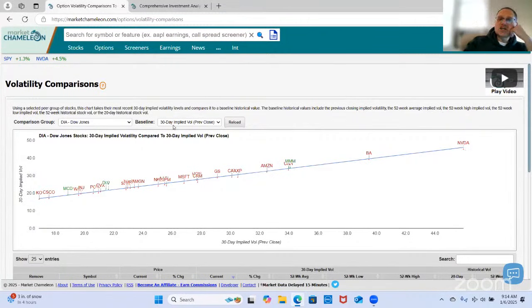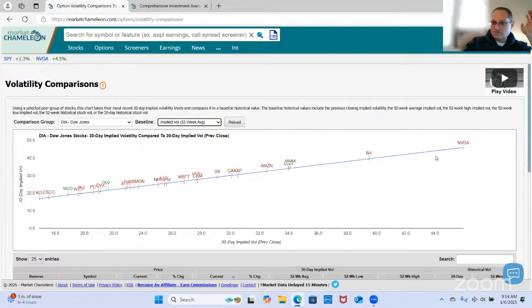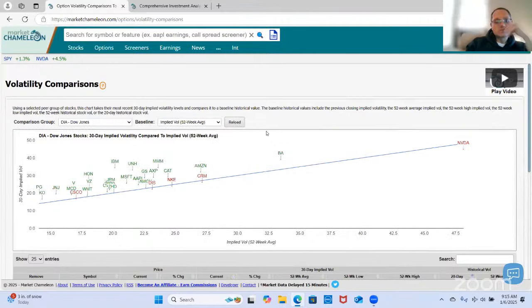So let's change this baseline and let's look at the implied volatility of the 52-week average. So we're going to draw the 52. I'm going to hit this reload. This line is going to change. It's going to show us the 52-week average implied volatility to where they are now and how far away they are. Reload. So here we go. Now this graph looks a little bit different.